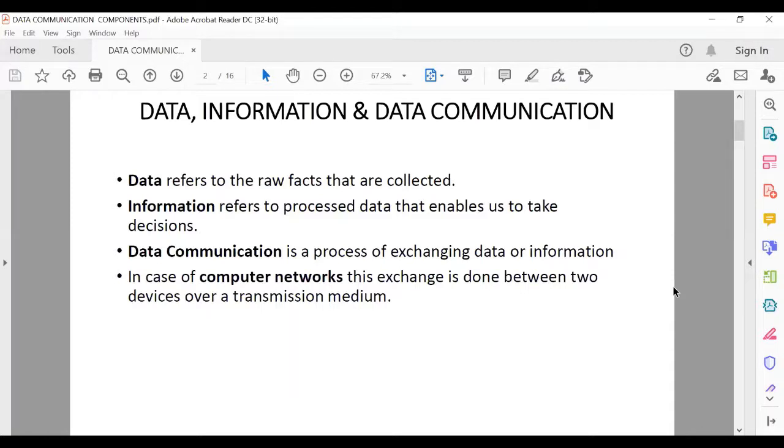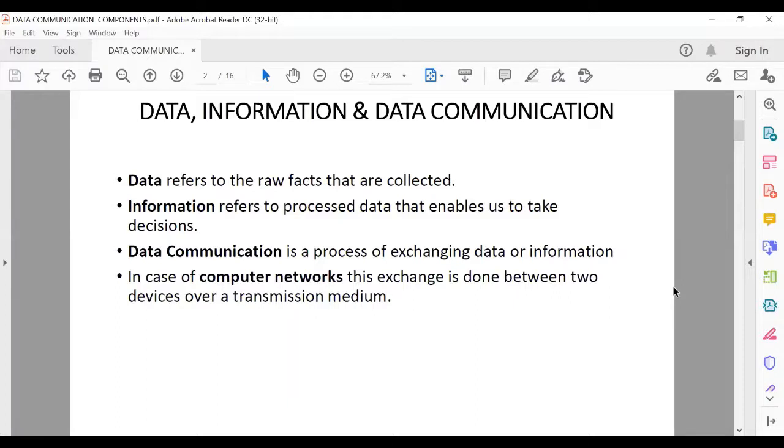So what do you mean by data communication then? Data communication is the process of exchanging data or information. Now, in case of computer networks, this exchange is to be done between two devices over a transmission medium.